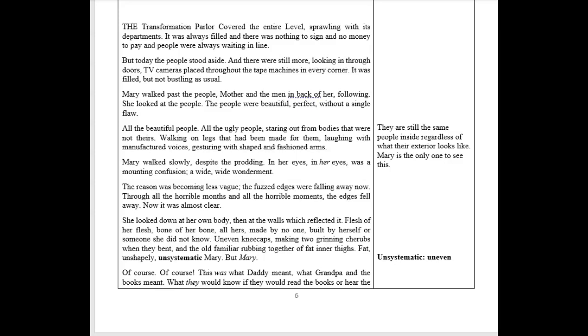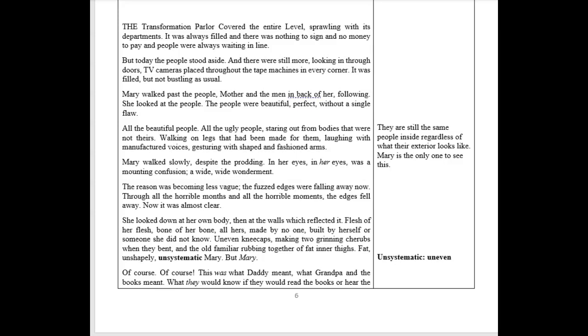Mary walked past the people, Mother and the men in the back of her following. She looked at the people. The people were beautiful, perfect, without a single flaw. All of the beautiful people, all the ugly people, staring out from the bodies that were not theirs, walking on legs that had been made for them, laughing with manufactured voices, gesturing with shaped and fashioned arms.